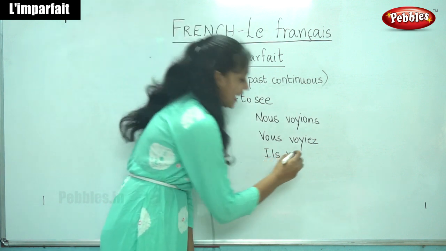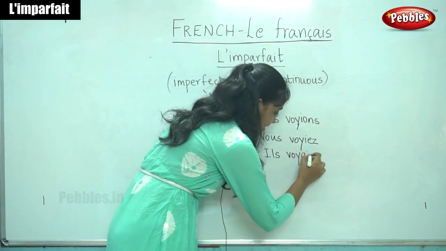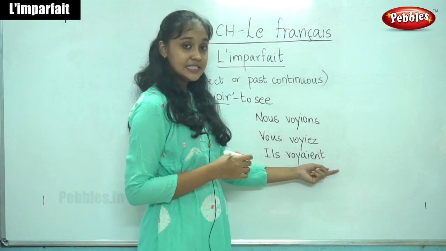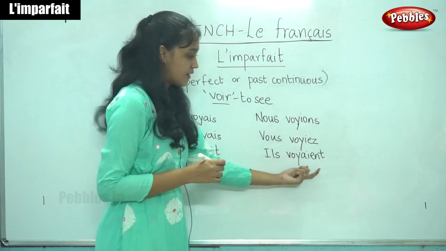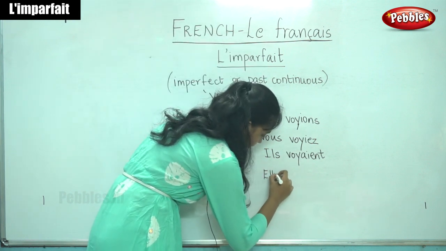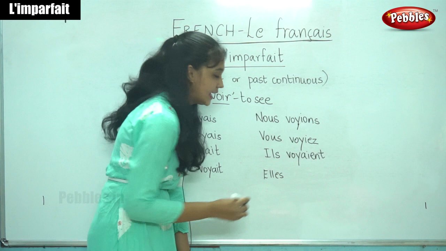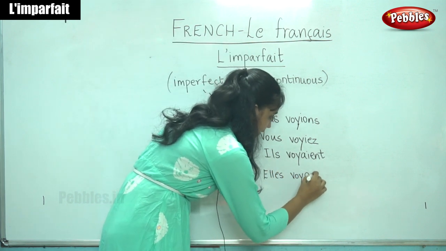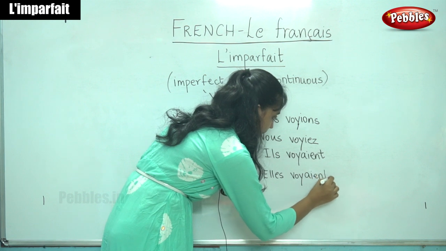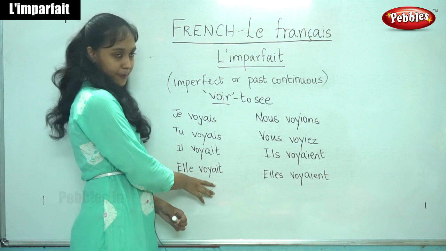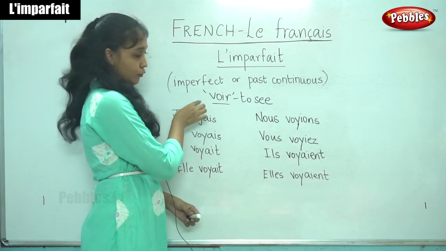It is AIENT. So we wrote the stem followed by the ending. For elles, again it's the same. Stem followed by the ending. So this is how we write the imperfect for the verb voir.